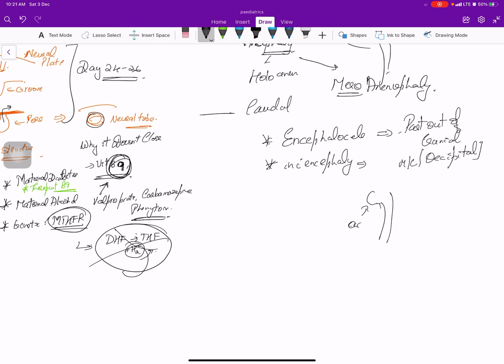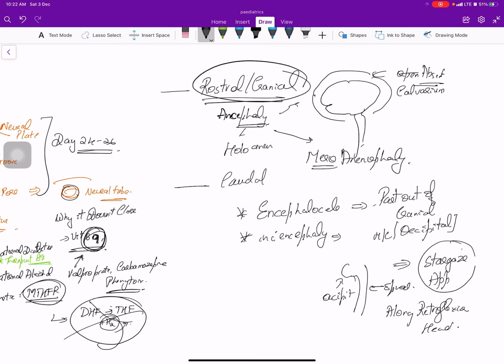This gives the baby a stargazer appearance on USG, along with a retroflexion of the head. So this covers the cranial end.